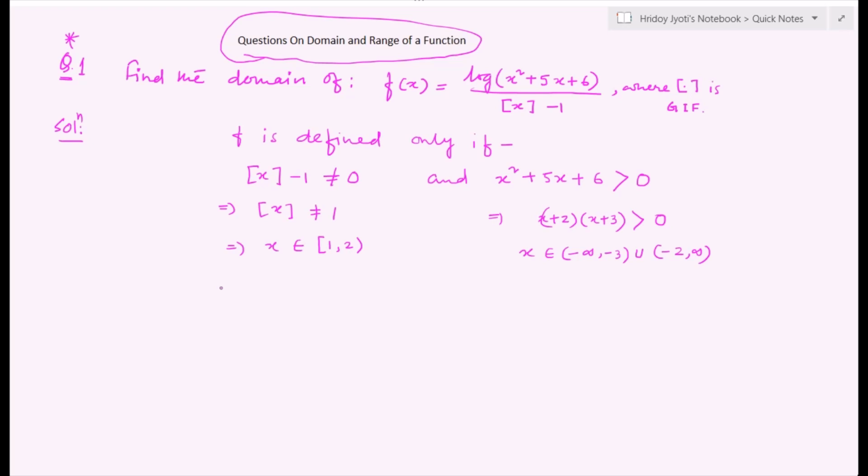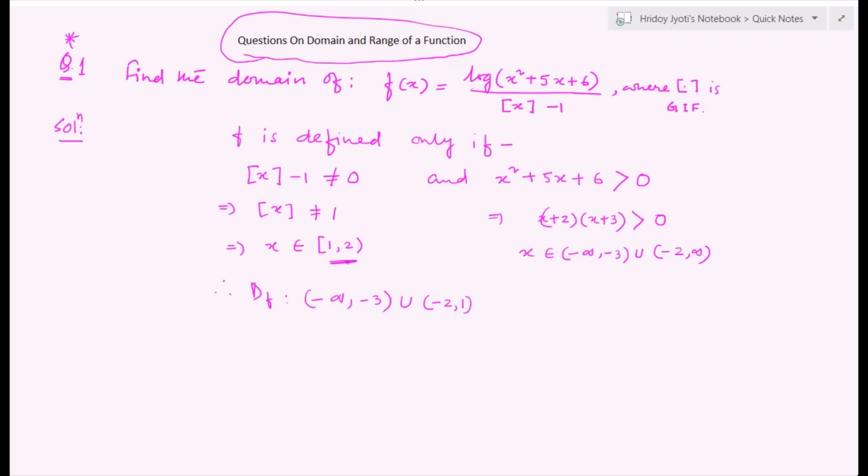Okay, so the domain of the function will be the intersection of both of these. Intersection of both means we'll get minus infinity to minus 3 union minus 2 to 1.